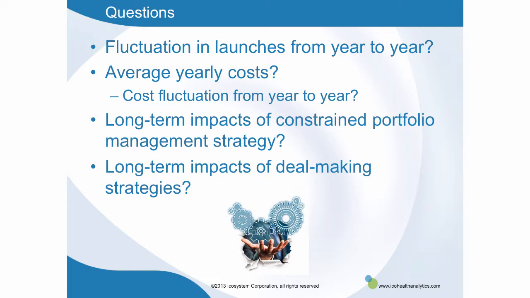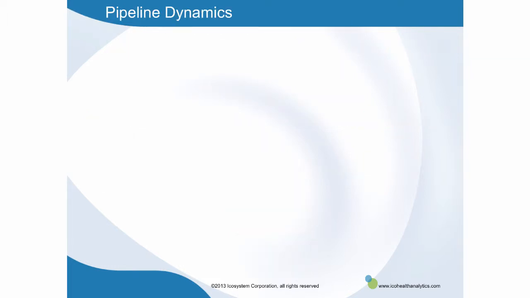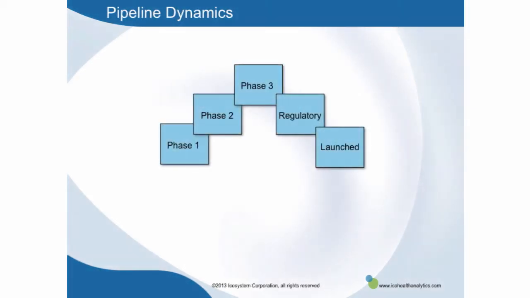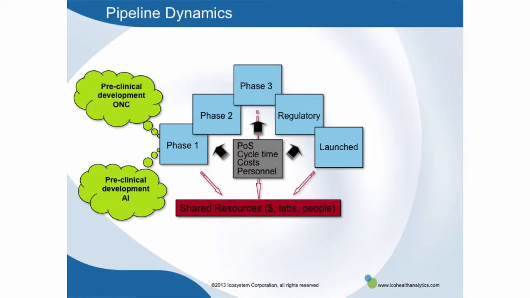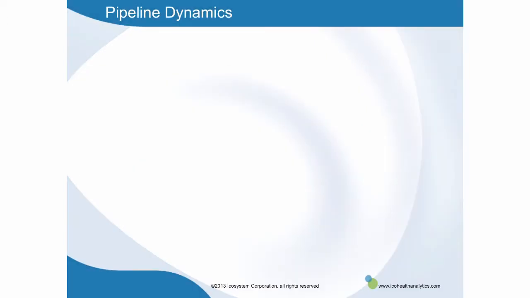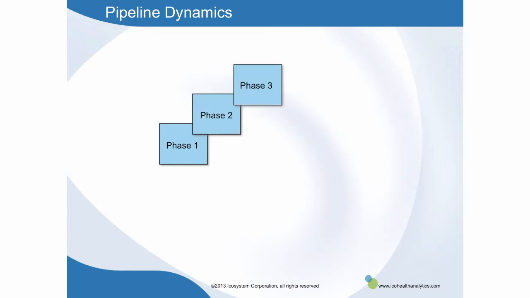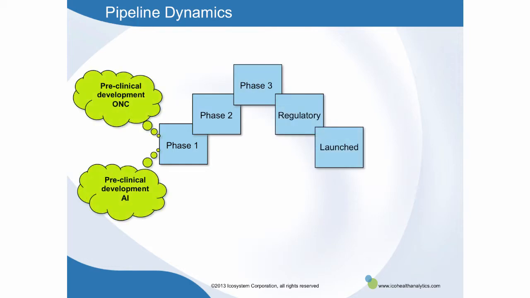SPM helps answer questions such as these and many more by simulating the development pipeline as the complex dynamic system that it is, with many interacting parts. Here is a graphical depiction for our example. We have the 4 phases of interest and the therapeutic areas. For simplicity, I've drawn only 2. Think of them as streams from which assets flow into the pipeline.